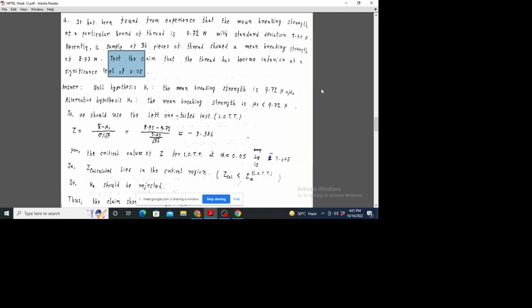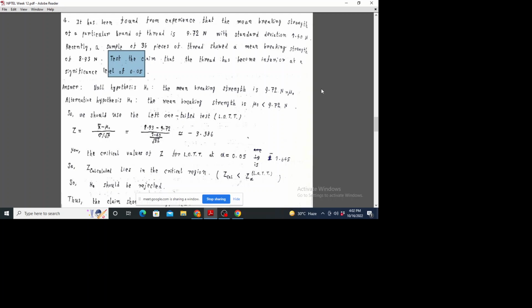No, sir. That sample is not a random sample. Maybe they are a biased sample. No, that's a random sample. That is a trick. Okay, if it's a random sample, yeah, we can say it is inferior, no? Because 8.93, 95%.